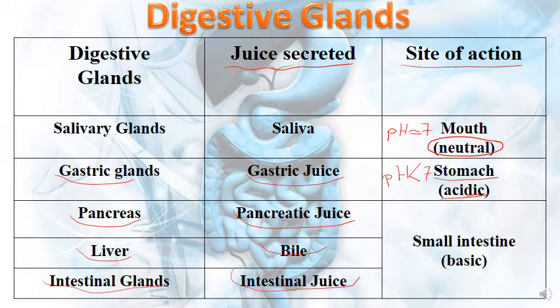For all of them, the site of action is the small intestine, and the medium is basic, meaning that the pH is greater than 7: 8, 9, 10, 11, 12, 13, and 14 is the end. So here we're talking about the pH scale.